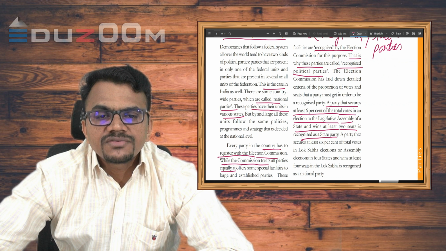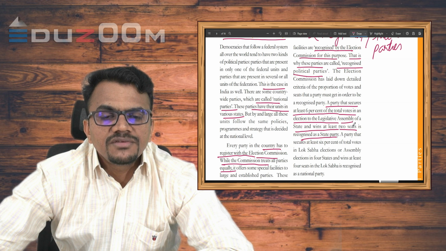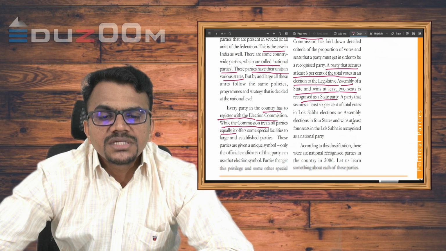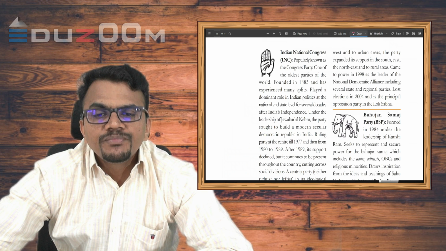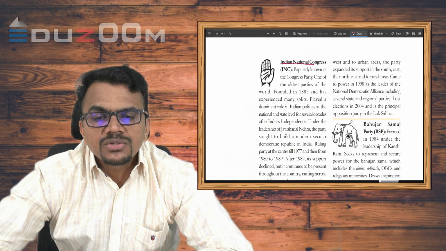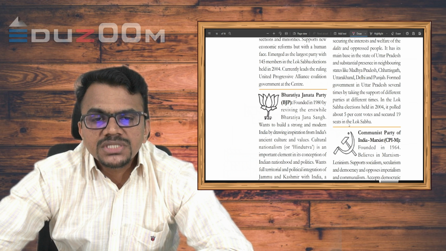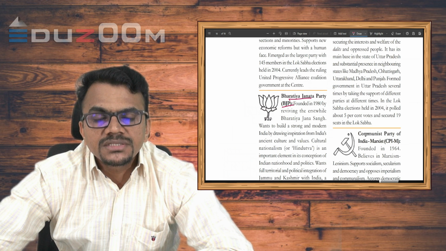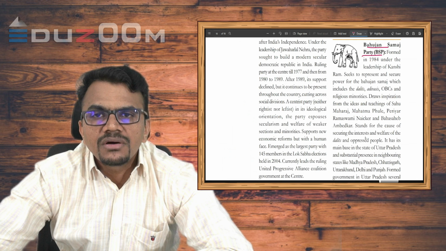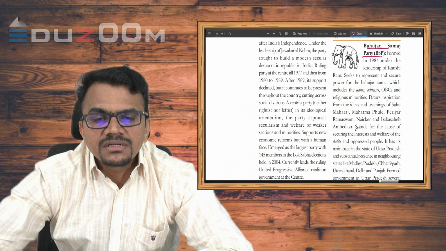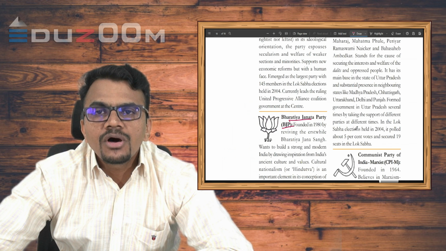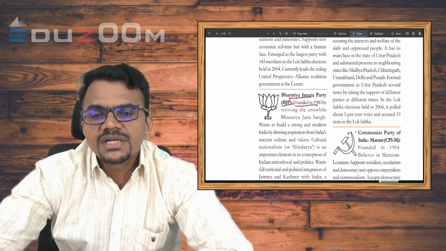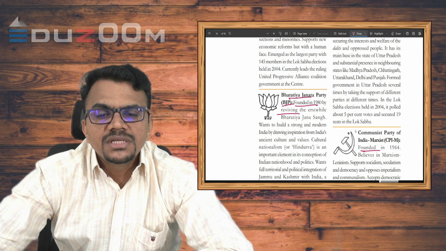Then the next part of the chapter is all about the different national parties, like Indian National Congress, Bharatiya Janata Party, BJP, then Bahujan Samaj Party, BSP, Communist Party of India, all those. So when you study about these national political parties, just note down when and in which year they were founded, the main leaders of the party and the objectives of the party. So these are the main things to be remembered about these national parties.